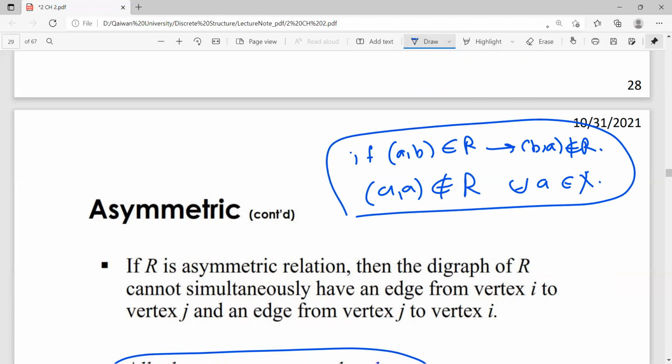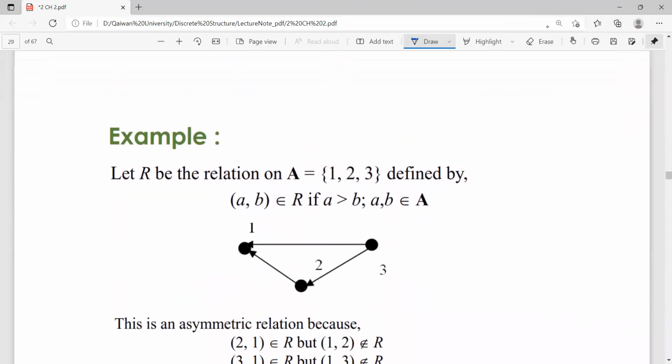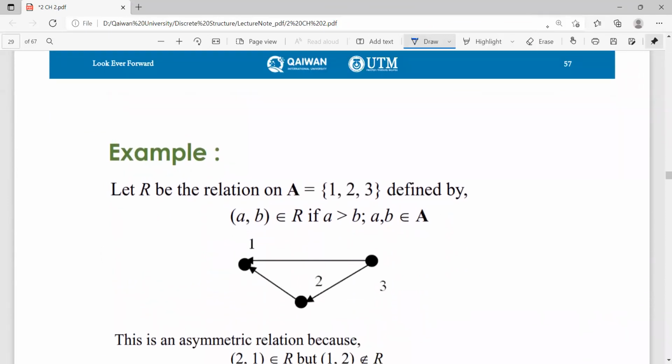We must have only one-way arrows in the diagram. We also must have no loops at any of the vertices. That's the condition.